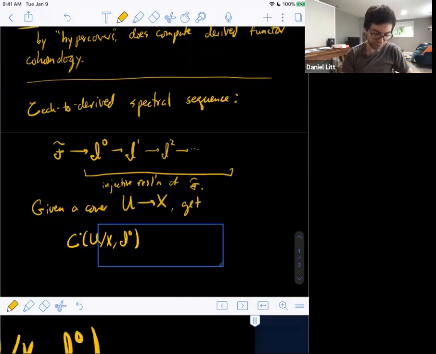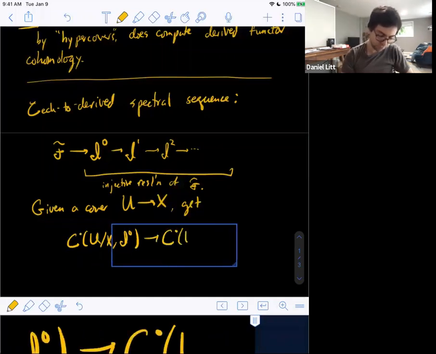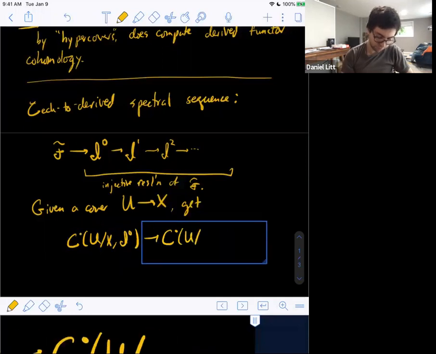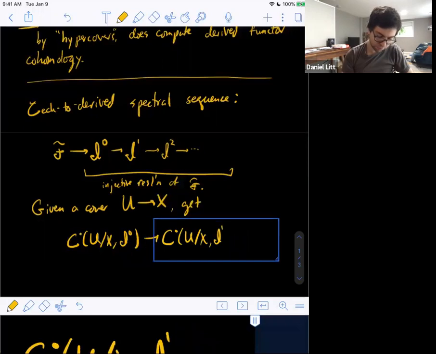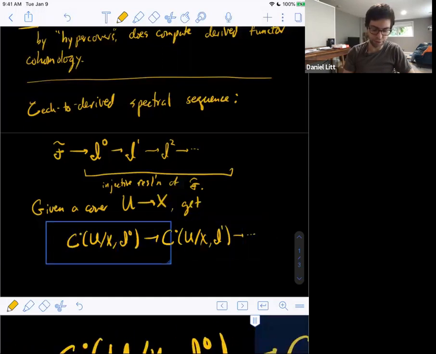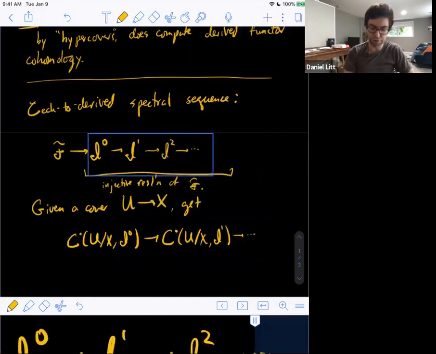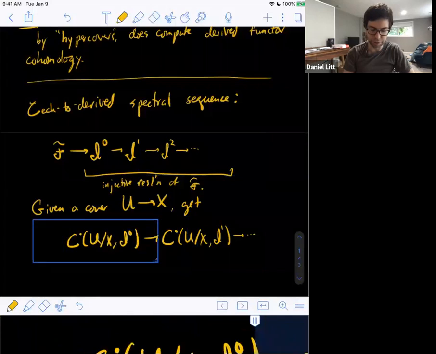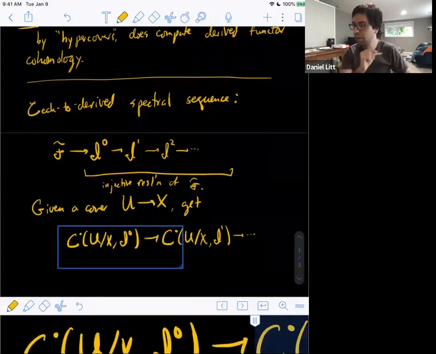If we start with the Čech complex of I0, and so on. So this is a double complex, right? Because each of these objects themselves is a complex. I'm going to think of the horizontal direction as coming from the differentials in this complex, and the vertical direction as coming from the differentials in the Čech complex. Are there any questions about that?